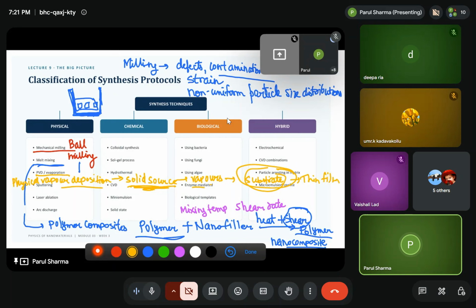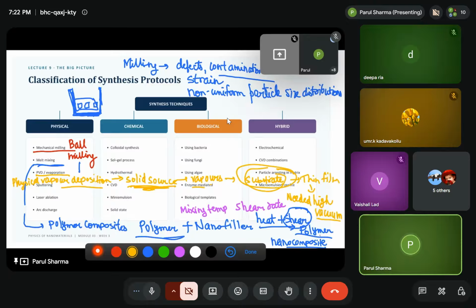This is usually done under high vacuum. All these techniques where we deposit thin films, like PVD, CVD, and sputtering, require a high vacuum. Why is high vacuum needed?